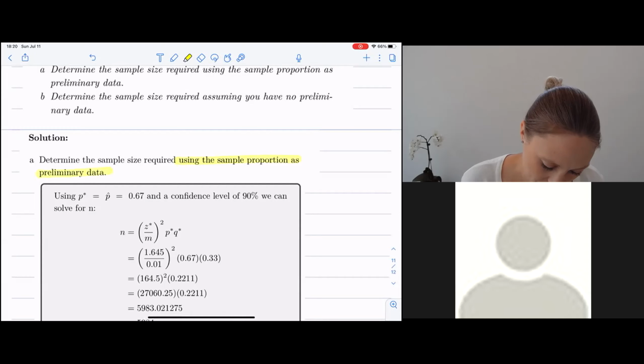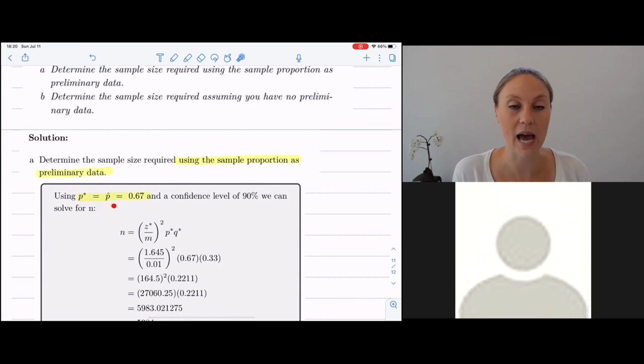Which means using P star equal to p hat, which was 0.67, and a confidence level of 90%. So if you have a confidence level already, we're not going to change it. Otherwise, in a brand new question, it might say you want a confidence level of 95% and a margin of error of 0.03 or something, right?